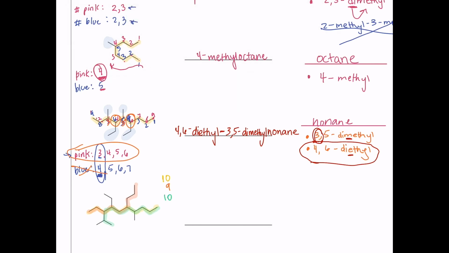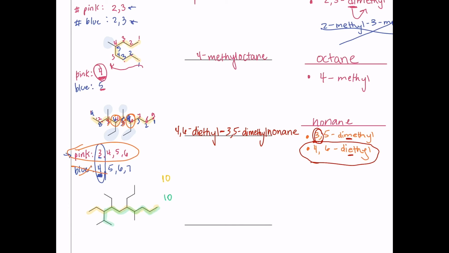So automatically, 10 is the longest chain, so we can get rid of the orange. We don't care about the orange because we have 10, and 10 is longer. The question, though, is we've got the yellow, which is 10, and the green, which is 10.